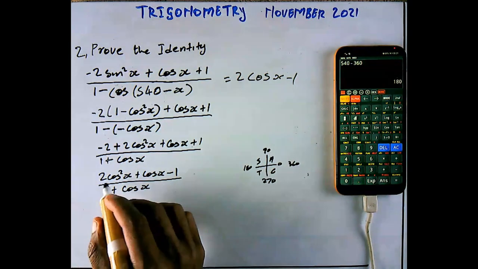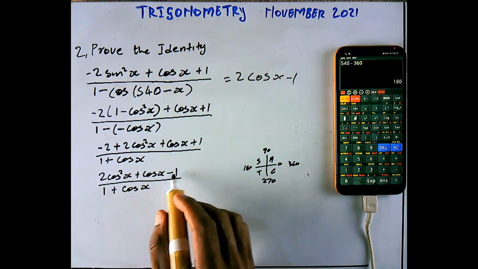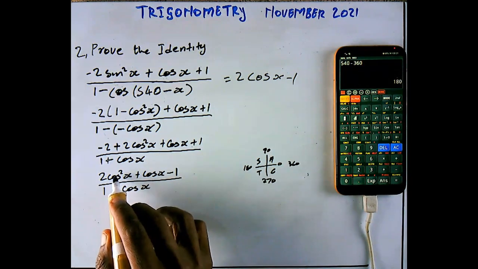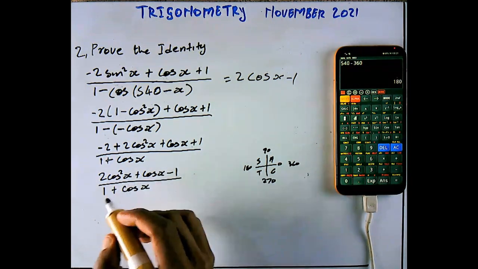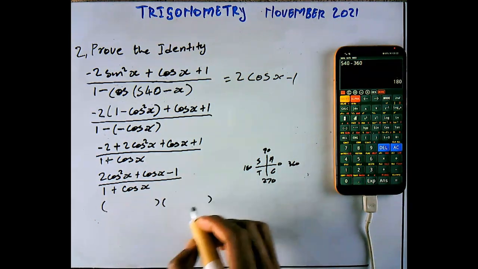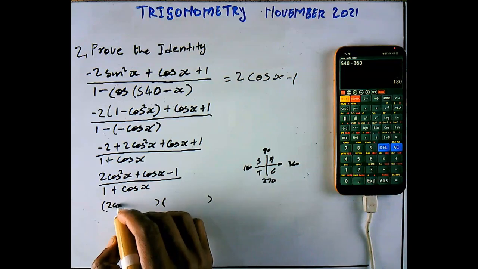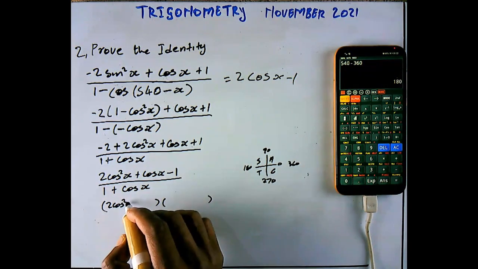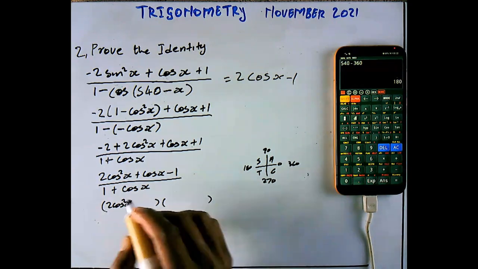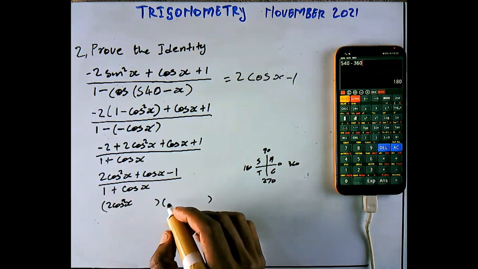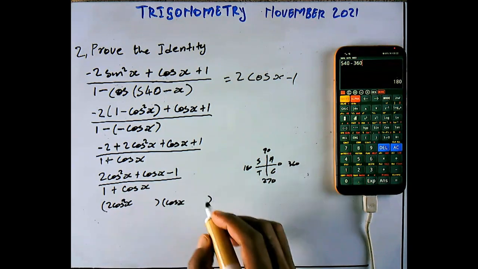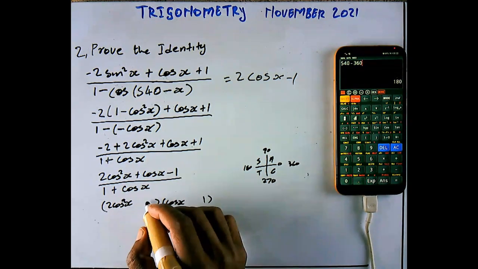Then this is, if you can see this one, it's a quadratic expression, so we have to factorize it. So we have to find factors. So you can say 2 cos x, it's not the squared here, and then here you can say cos x, then 1 and 1.